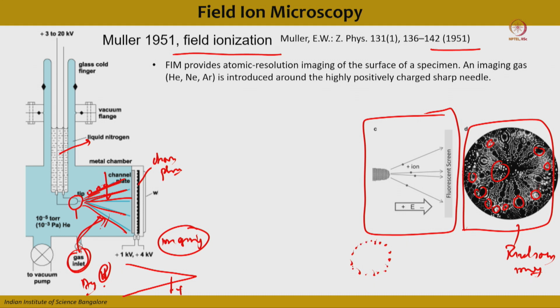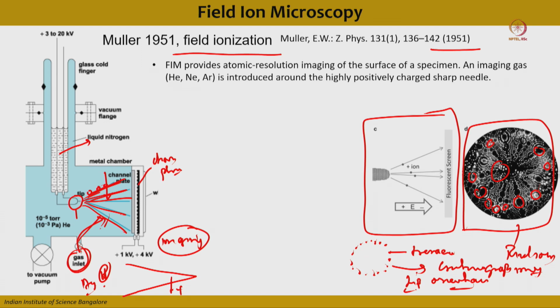And these circularly arranged atoms are nothing but the gaseous atoms which are field evaporated from the terraces, and the symmetry and position of these terraces shows the crystallography or the orientation of that particular region of the tip.